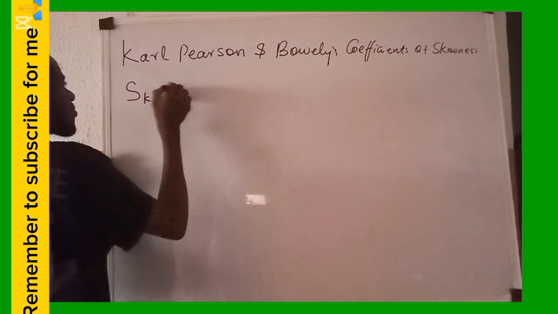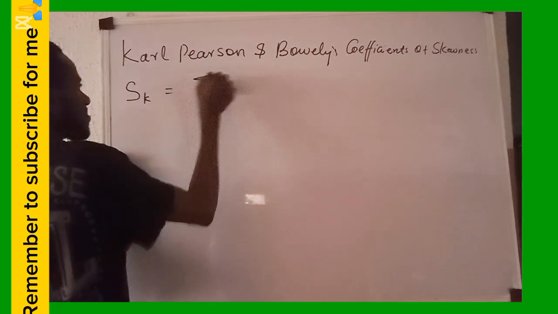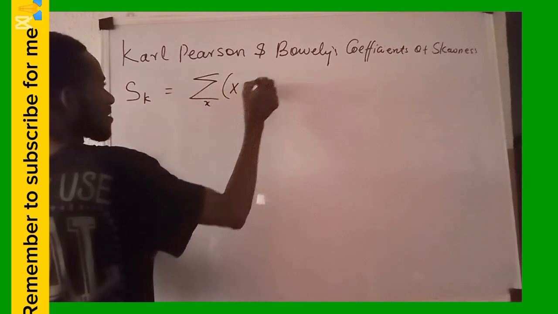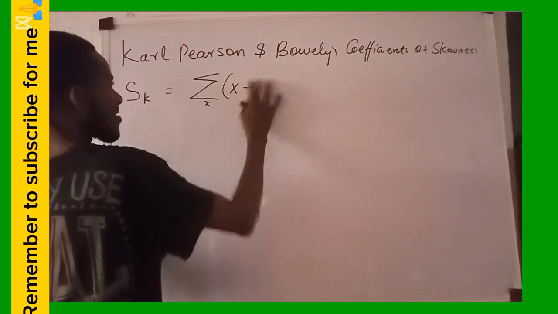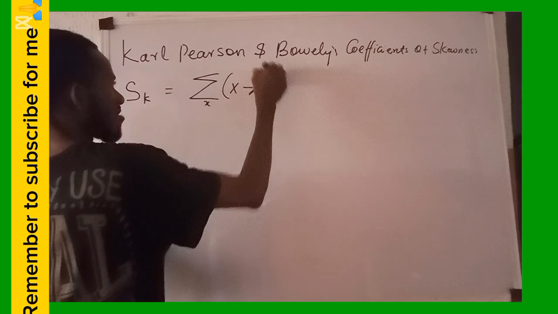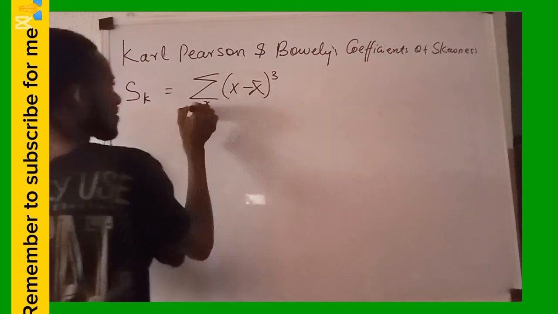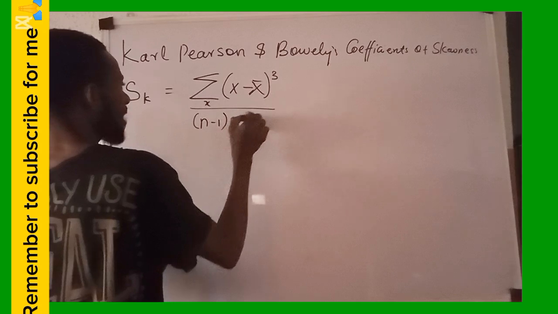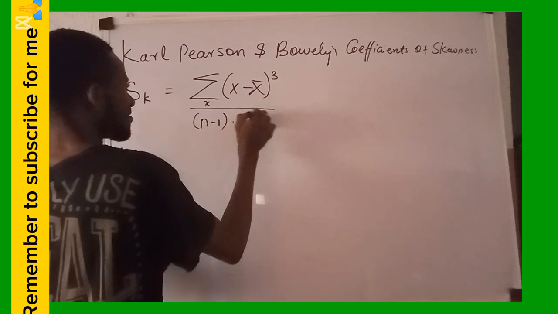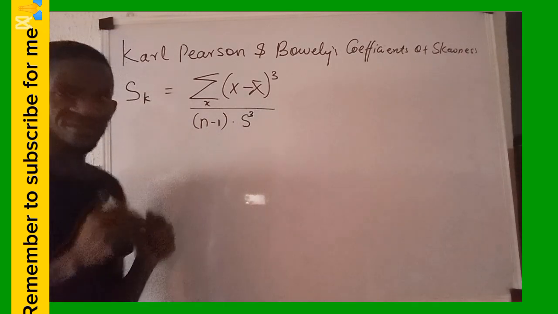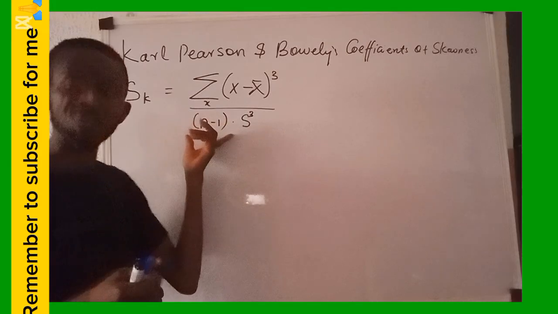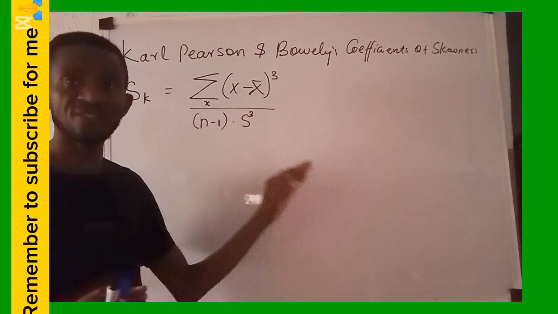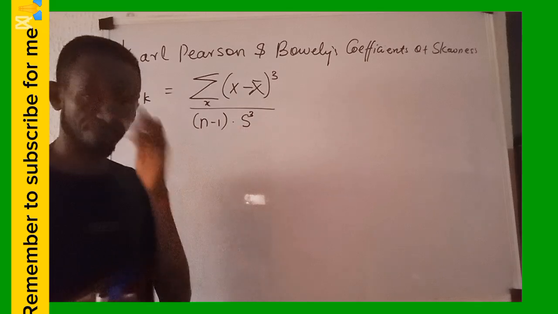The formula was the sum over the range of x minus x bar, all raised to power 3, all over N minus 1 multiplied by standard deviation raised to power 3. This was the formula with which one can obtain the value of skewness from a set of data.